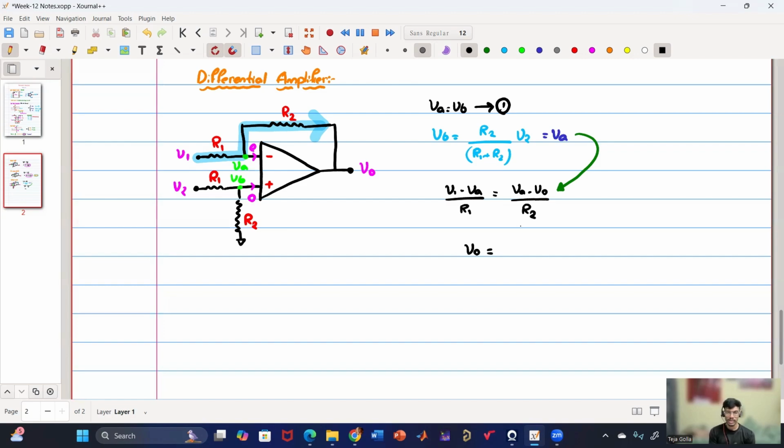Bring everything on one side and then substitute VA and then you'll get the idea. I need V0 in terms of V1 and V2.